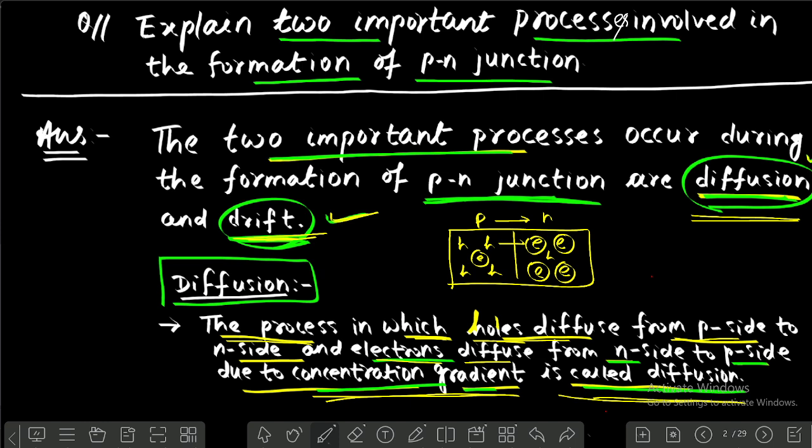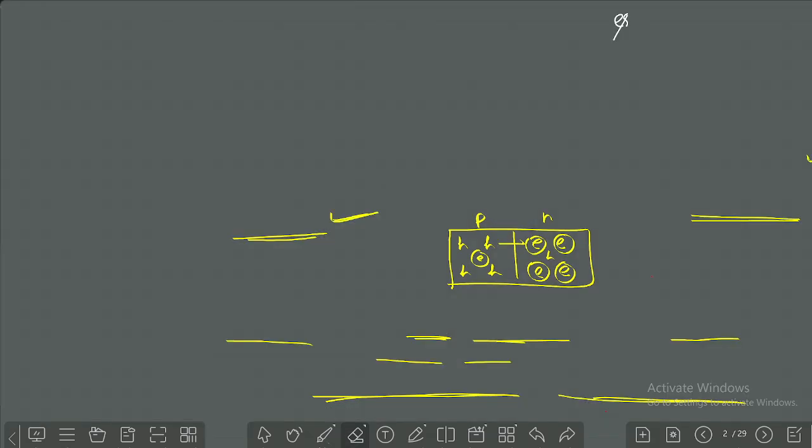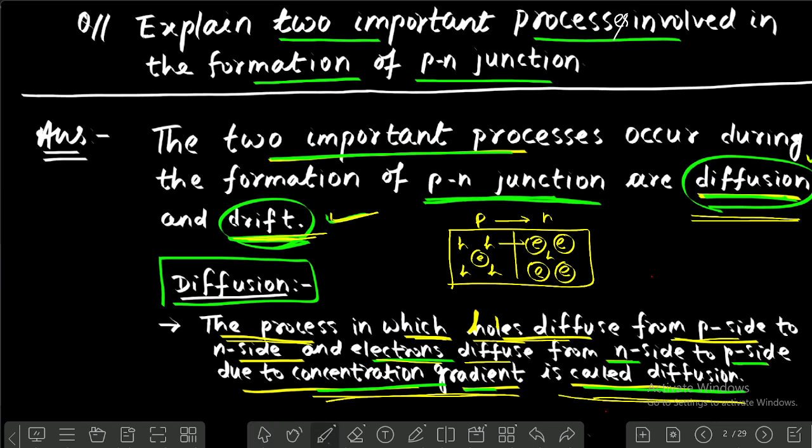That's why electrons will move from N to P. So check here: electrons are moving from N to P, and holes are moving from P to N. That is happening due to concentration gradient. Clear idea? Are you getting the point?